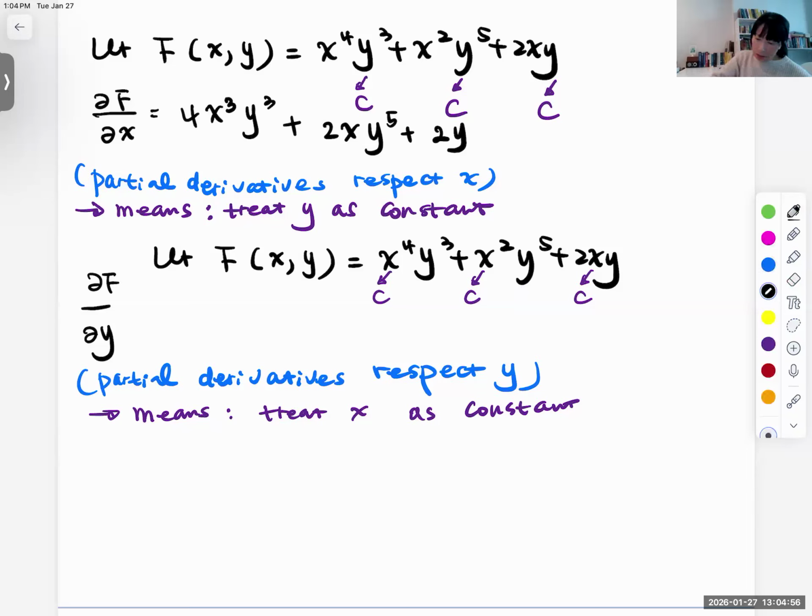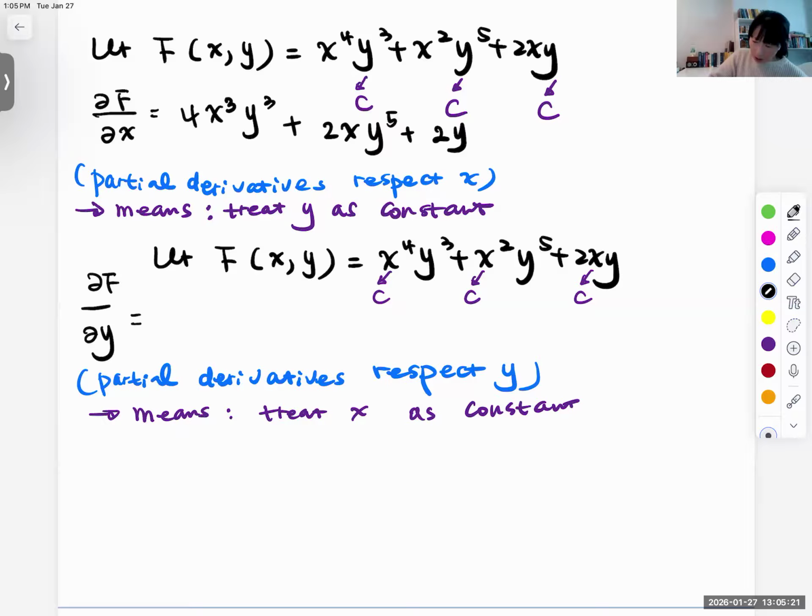Okay. The first term, looking at y, we want to derivative in terms of y, right? So y to the third power, so we derivative 3y to the second power. And then x is constant, we keep that constant, x to the fourth power, right?